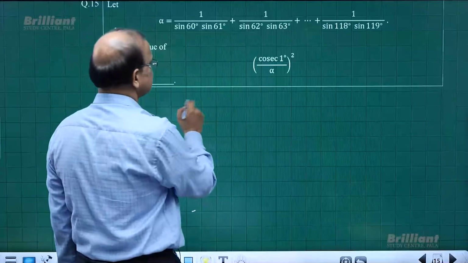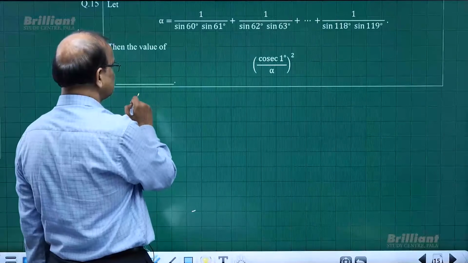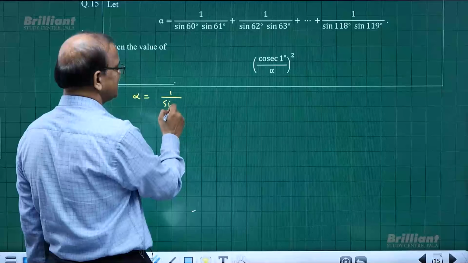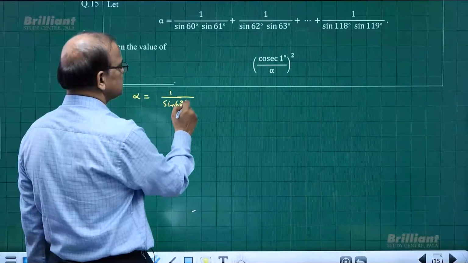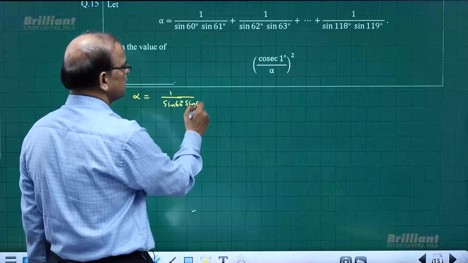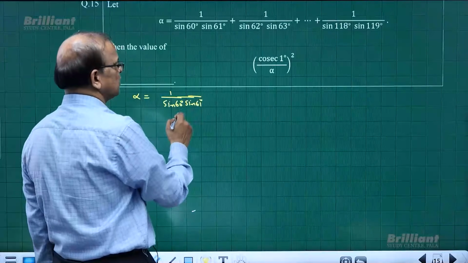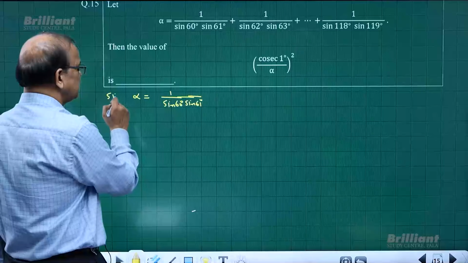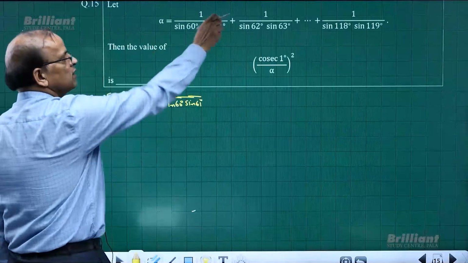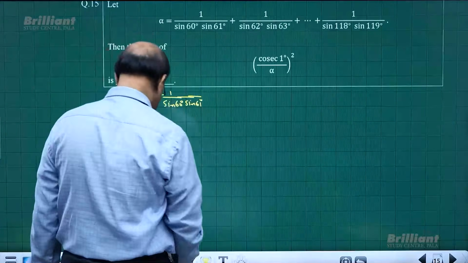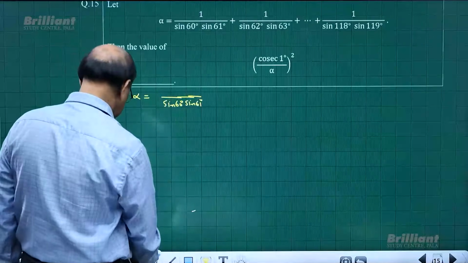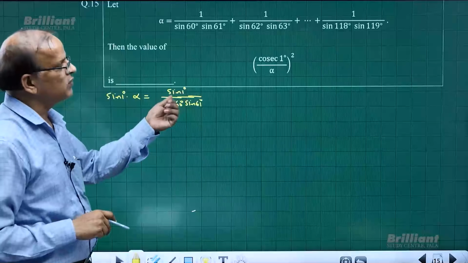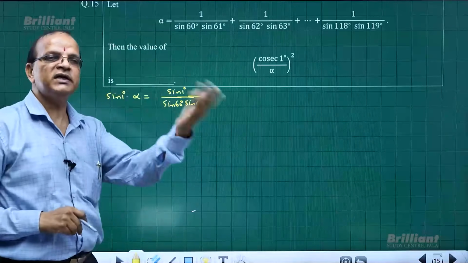So, we can write this alpha is equal to, right, 1 by sin 60, sin 61, right, this is alpha, okay, multiply by sin 1 degree on both sides. Now, this is sin 1 degree, here also sin 1 degree, because that 1 degree we can write as 61 minus 60, that is the idea.